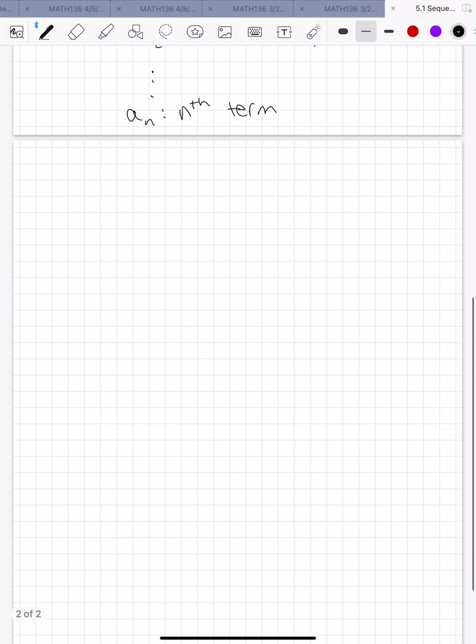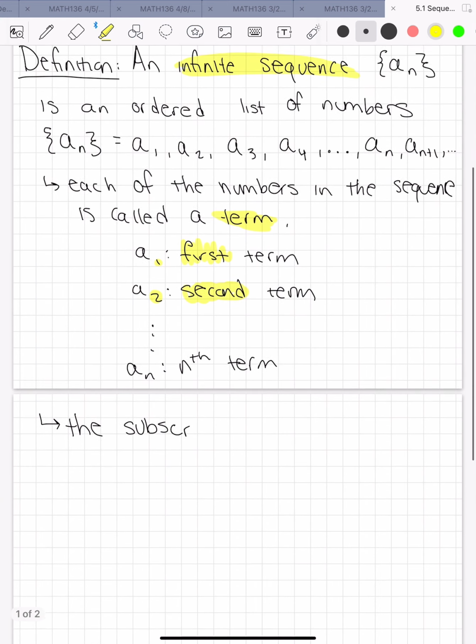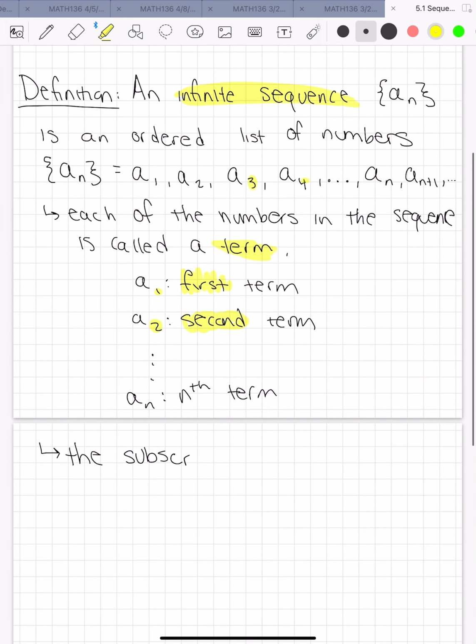The subscript n is actually what we call the index. That tells you what term you're on. So the 1 corresponds to the first term, the 2 to the second term, the 3 to the third term, 4 for the fourth term, n for the nth term, n+1 for the (n+1)th term, and so on.